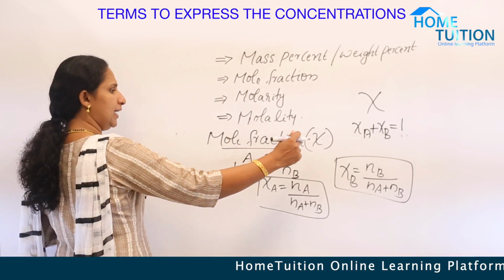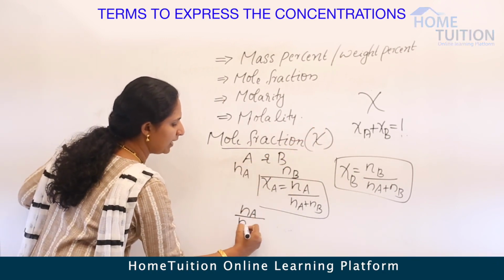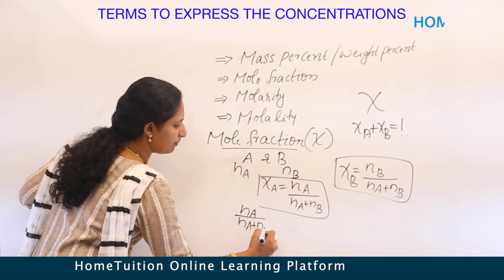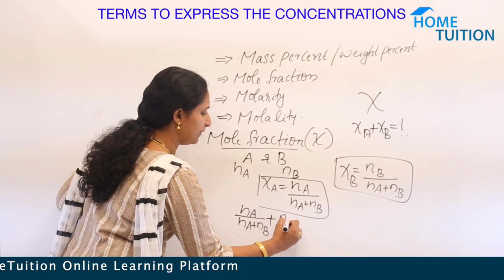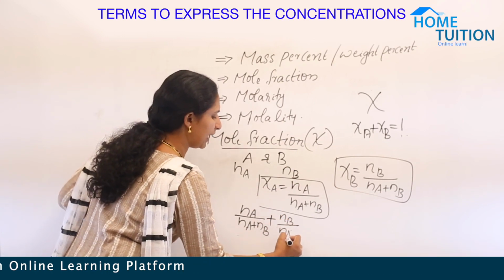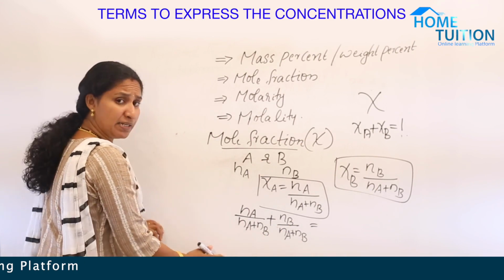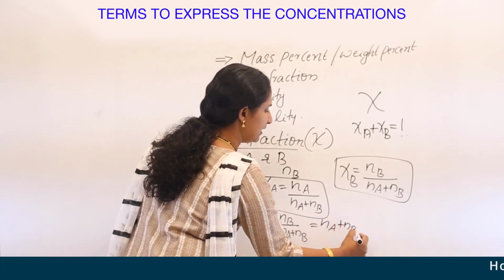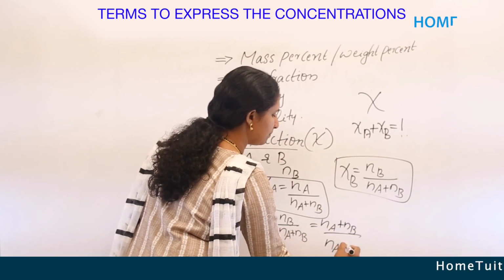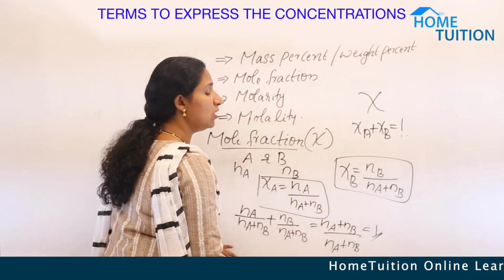Look, chi A is Na divided by Na plus Nb, and chi B is Nb divided by Na plus Nb. The denominators are same, so we can write Na plus Nb divided by Na plus Nb. Numerator and denominator are the same, so the answer is 1.